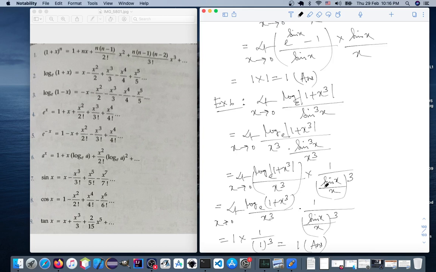Stay tuned for the solution, and more videos will come on the limits, because I have to cover the trigonometric functions and a standard result on polynomial functions like (x to the power n minus a to the power n) by (x minus a), limit x tends to a, is n into a to the power n minus 1.